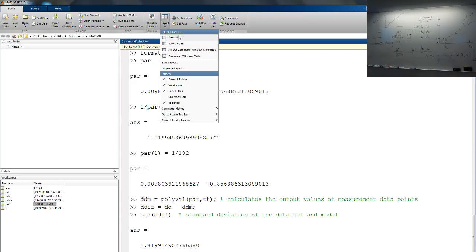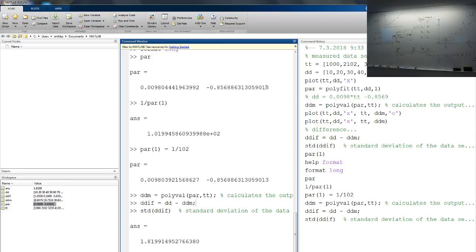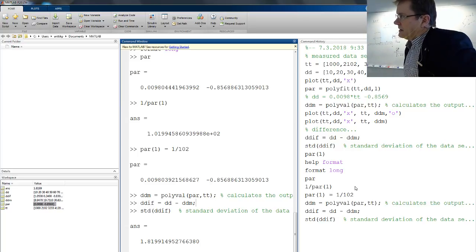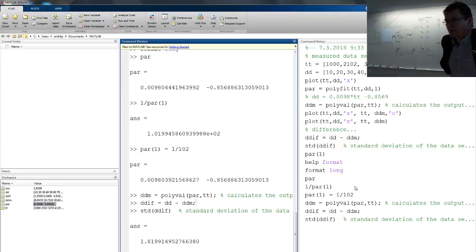Anyways, so let's see, where's my history? Layout. Current for command history. Oh, there. Okay. So not too many things needed to do the calibration, the coefficients.